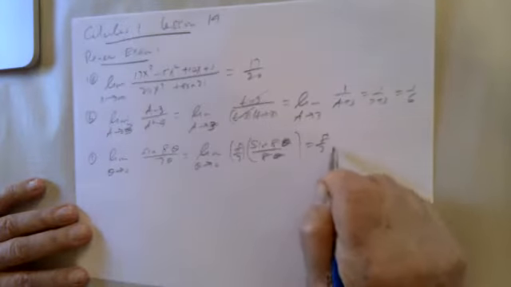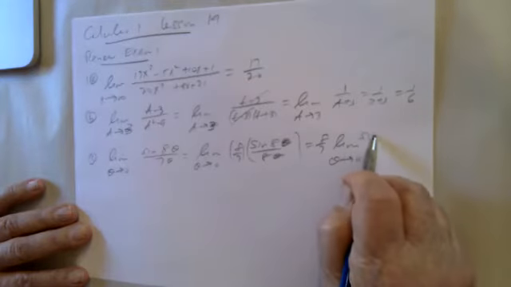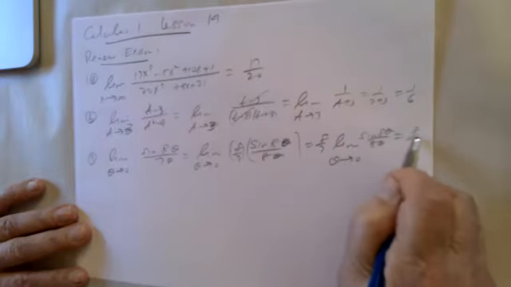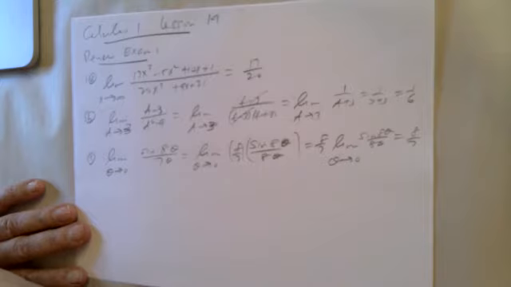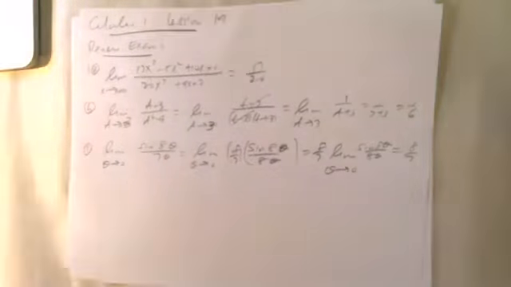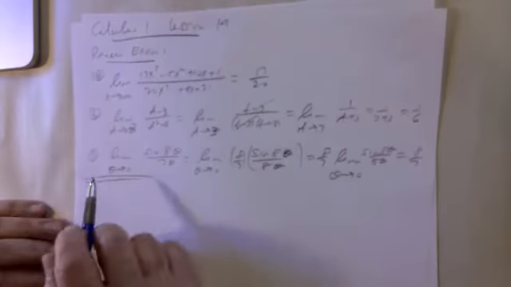This is 8/7 times the limit as theta goes to 0 of sine 8 theta over 8 theta, and this limit is 1. So the answer is just 8 over 7. Okay. Any questions about that? All right.